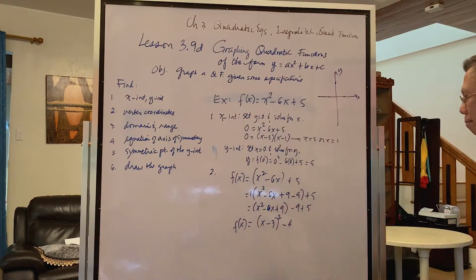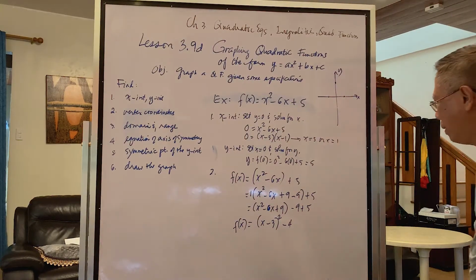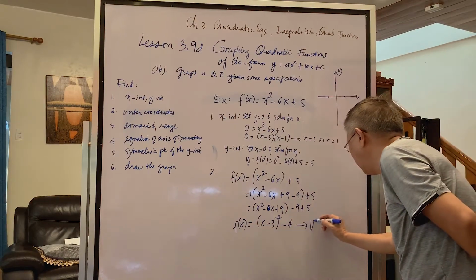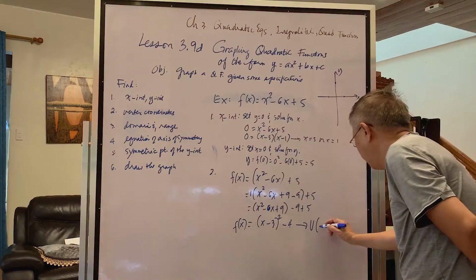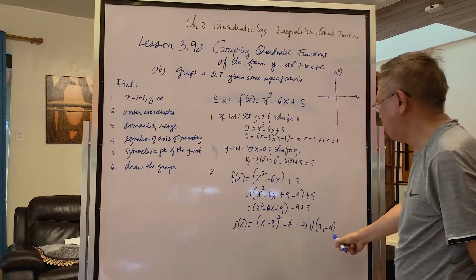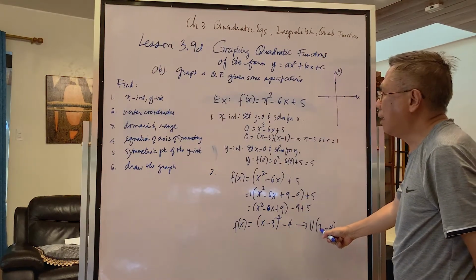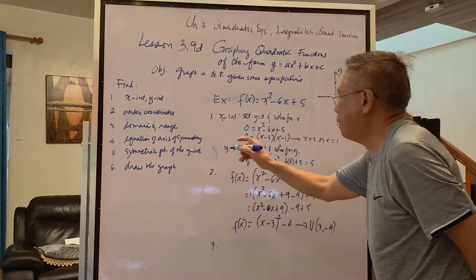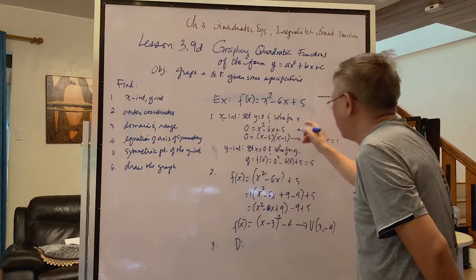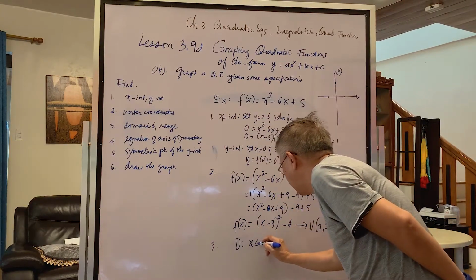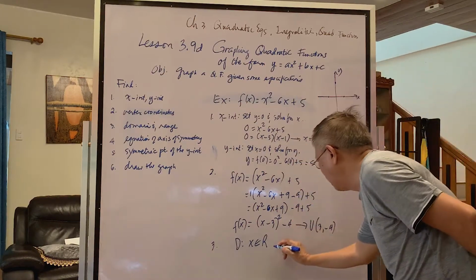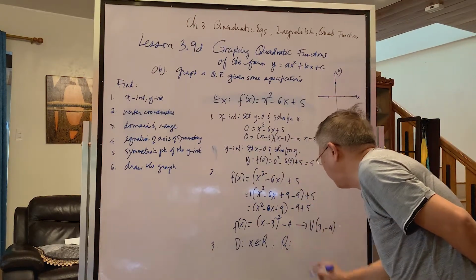So from this form, x minus 3 squared minus 4 equals f of x, I can identify my vertex at 3 and negative 4. Alright, the coordinates of my vertex are at 3 and negative 4. Number 3, the domain of a quadratic function is always x element of the reals, unless you specify otherwise. And what about our range?